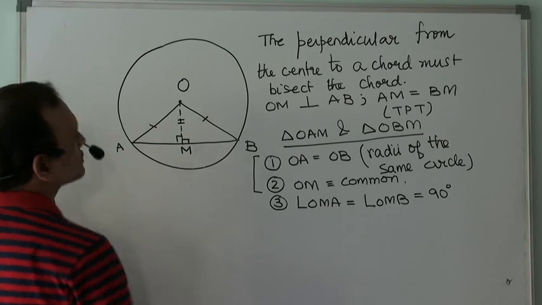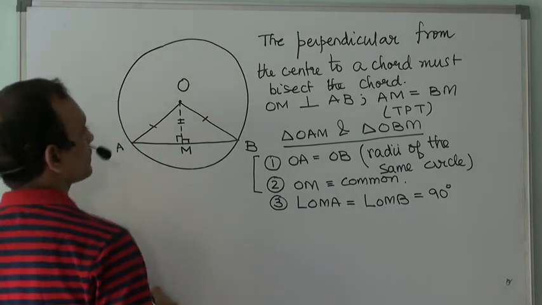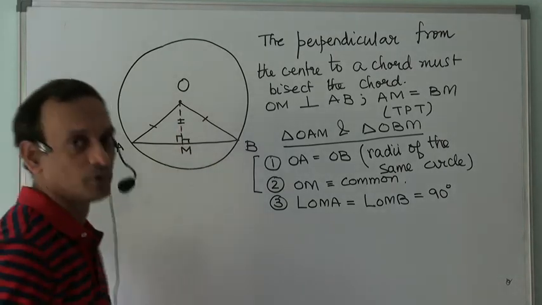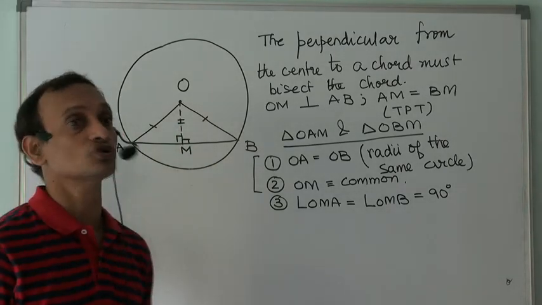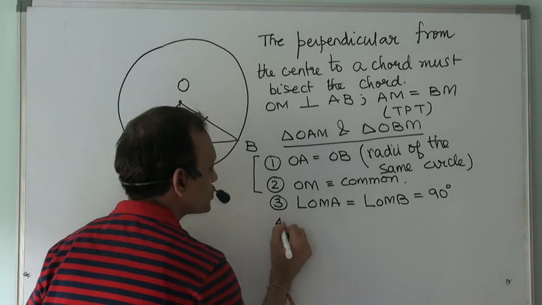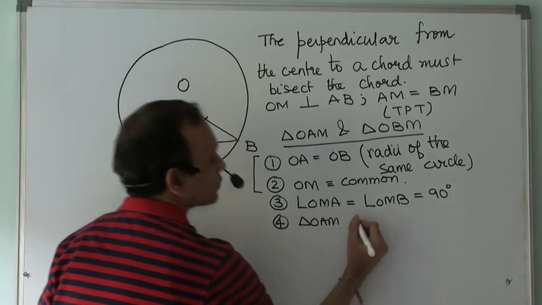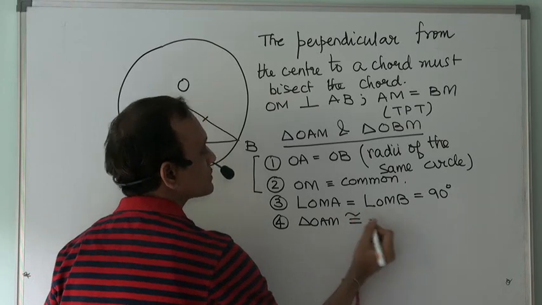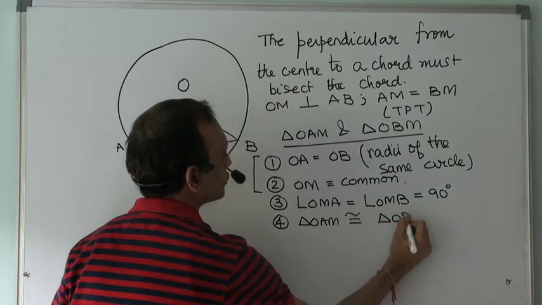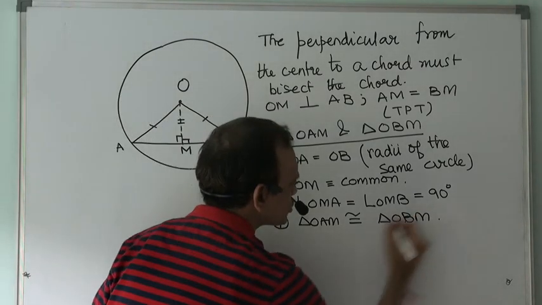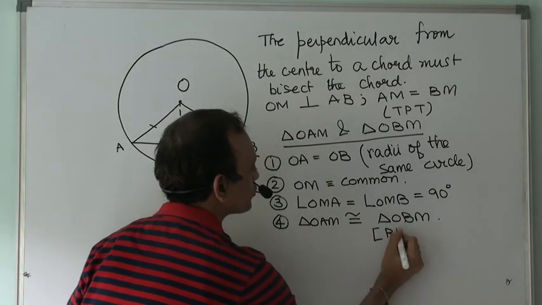Now in two right angle triangles, if two sides are equal, OA equals OB, OM is common to both, then the two triangles ought to be congruent. So this would lead to triangle OAM identical in all respects, that means congruent to triangle OBM. If the two triangles are congruent, that's out of the RHS condition for congruency.